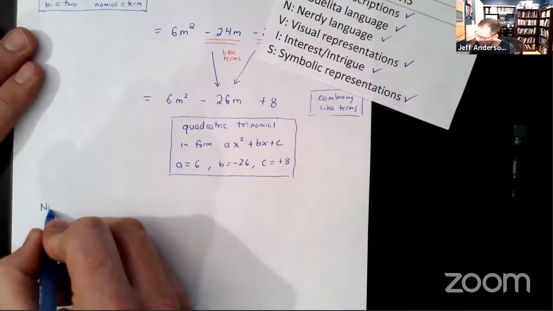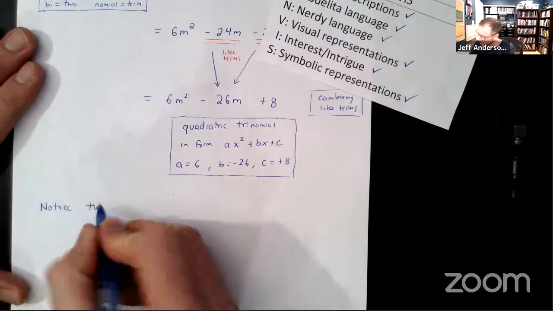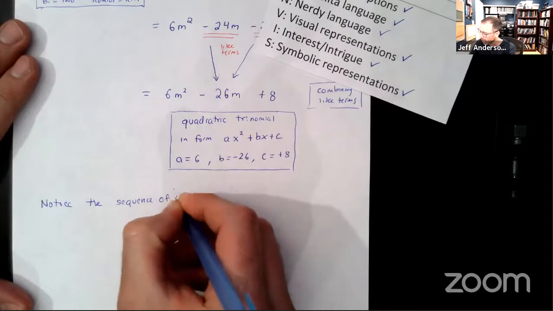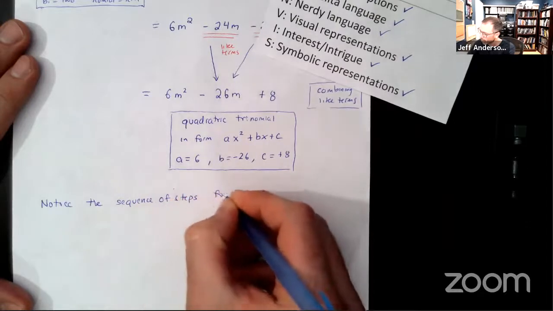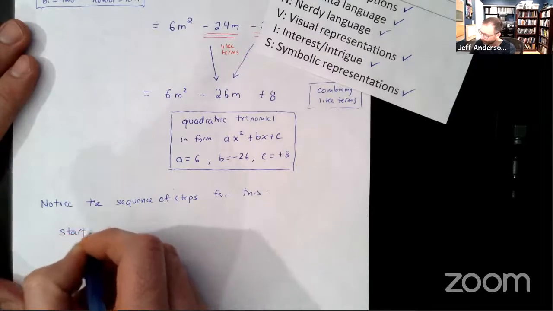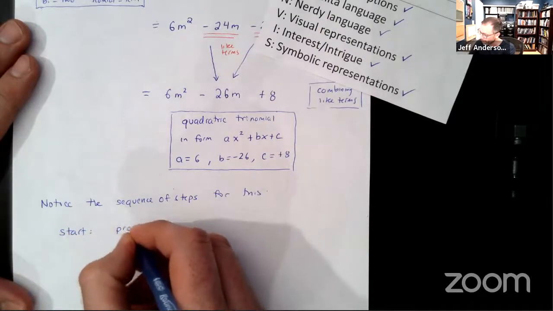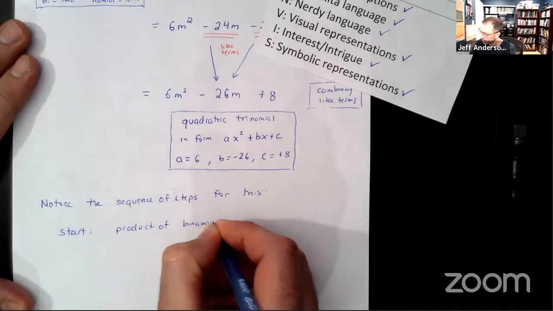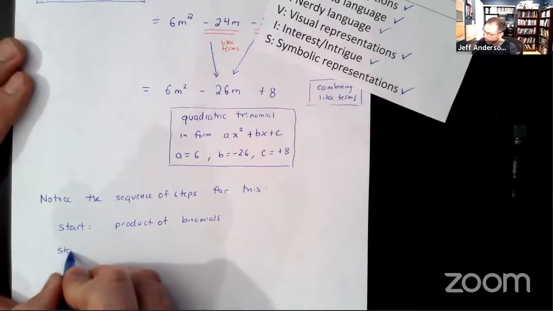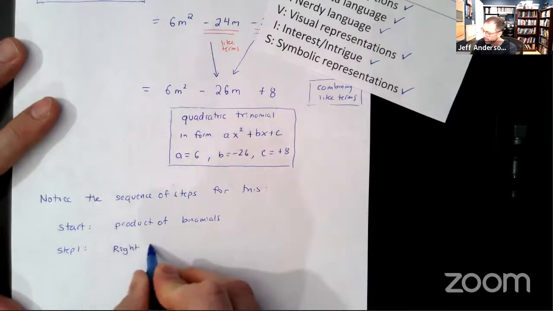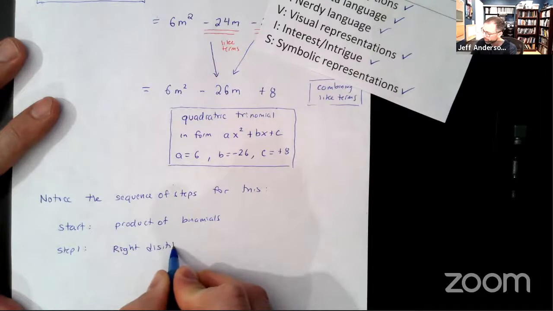Specifically, I want you to notice the sequence of steps for this. We're going to start with a product of binomials. And then step 1 is to do either right or left distributivity. In this case, we did right distributivity.